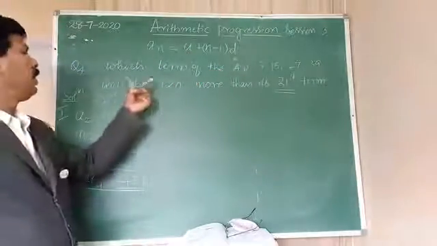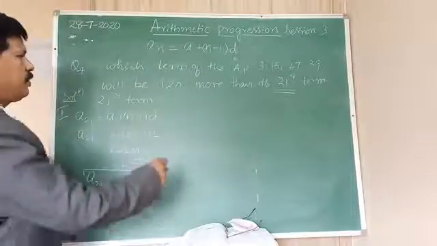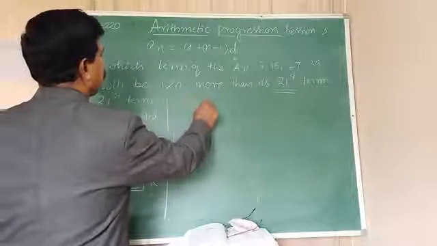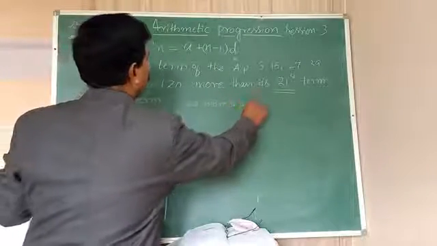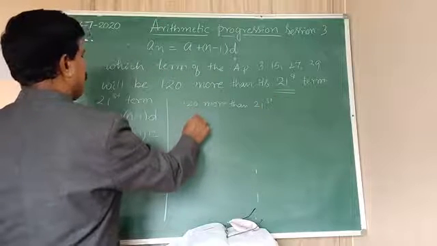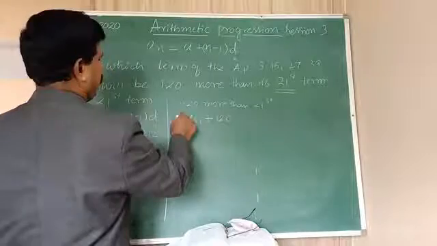Now, here the term is 120 more than the 21st term. That means A21 plus 120.